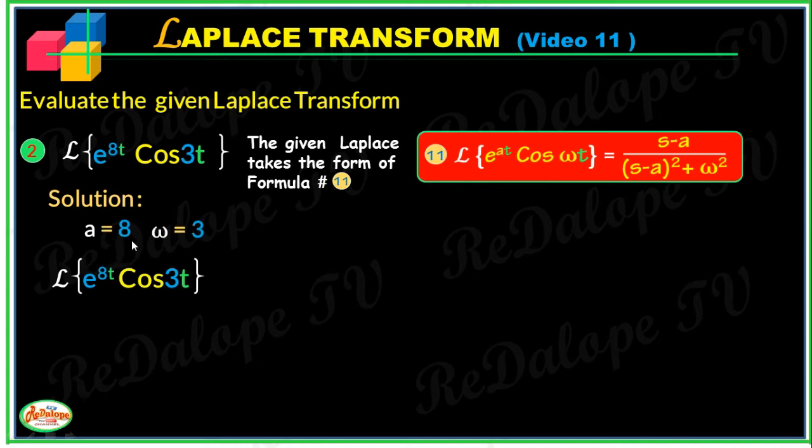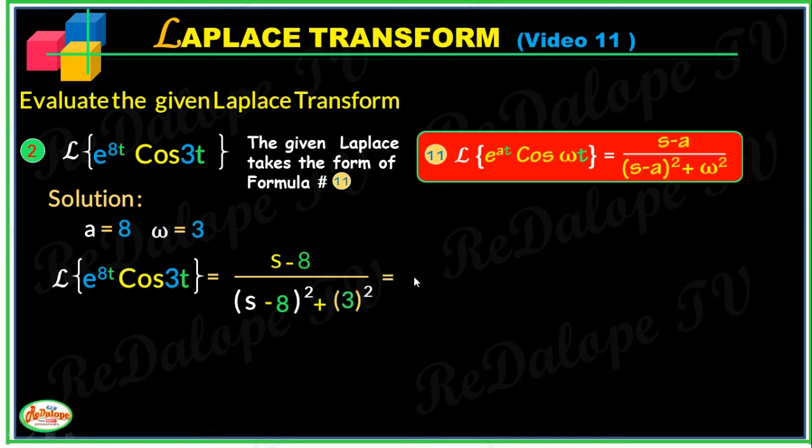Since a equals 8 and omega equals 3, we substitute these values in the formula. We copy s, and then the minus sign, and a is equal to 8, so we have 8 here, divided by the quantity of s, minus sign, 8, and then squared, plus omega is 3, so we need to square 3.